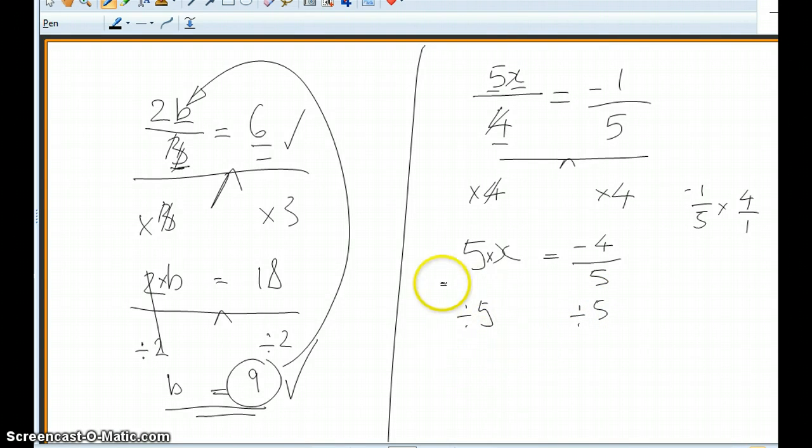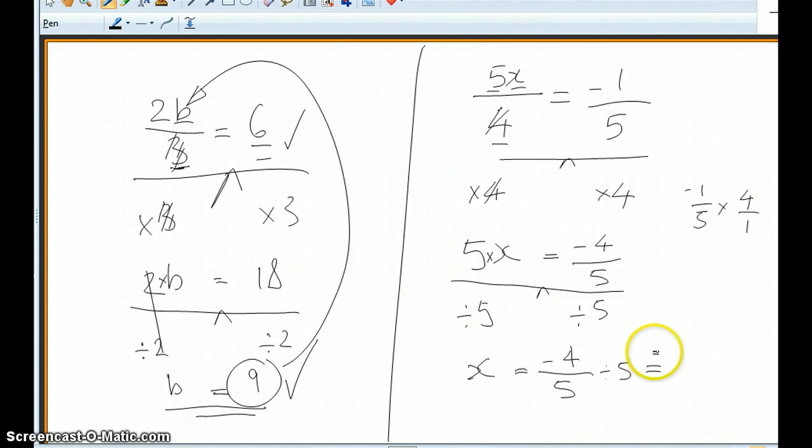Okay. 5 divided by 5, that gets rid of the 5. Left with x. And I've got minus 4 over 5 divided by 5. You could potentially do that on the calculator, but you'll find it comes to minus 4 over 25.